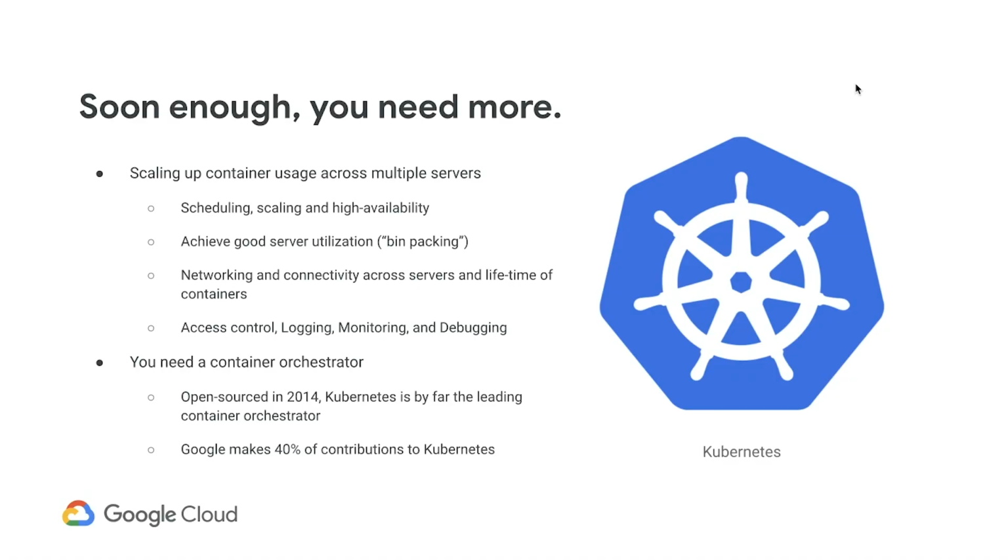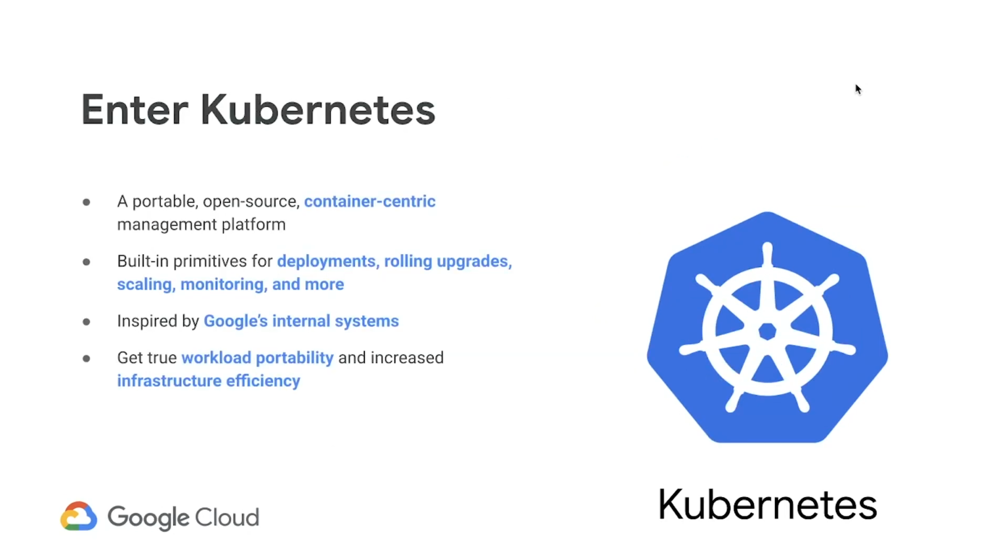Google launched an open source project called Kubernetes in the year 2014, and Google still contributes a lot to Kubernetes. Kubernetes is a portable, open source, container-centric management platform. In my mind, it does two things, and two things very well. One, once it is installed, it takes care of all the infrastructure, which essentially means it takes care of compute, hardware, networking, and storage.